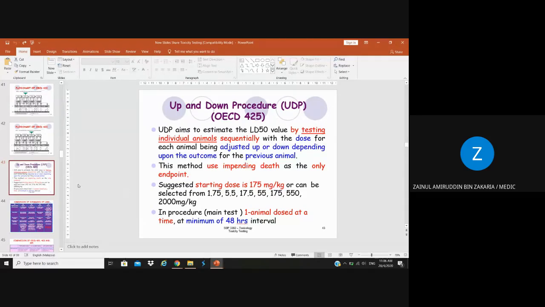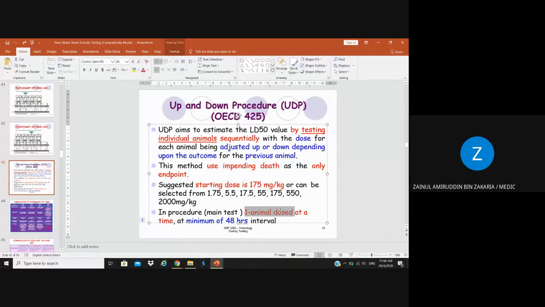So what you do is you use one animal, and you start at a certain dose, suggested is 175. You start at this dose, and if the animal dies, you reduce the dose.